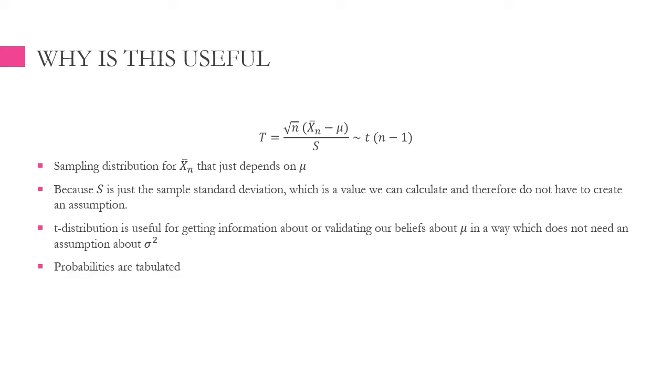The other reason it's useful is that the probabilities for t-distributions are tabulated, which just means that you can go into the back of your textbook and look at a table for t-scores, and it will give you the probabilities of a t-score being above a certain value or below a certain value.